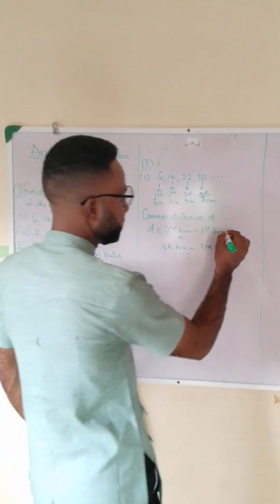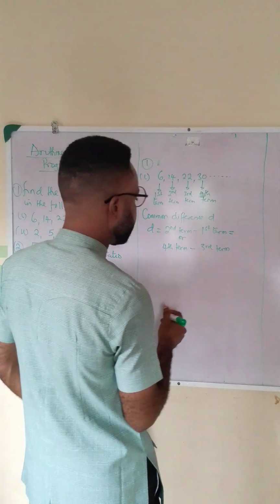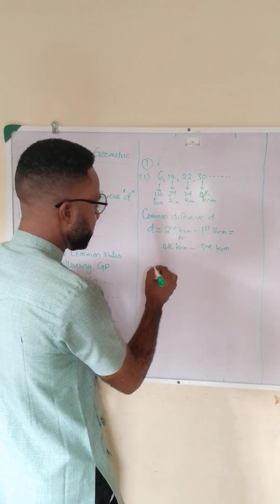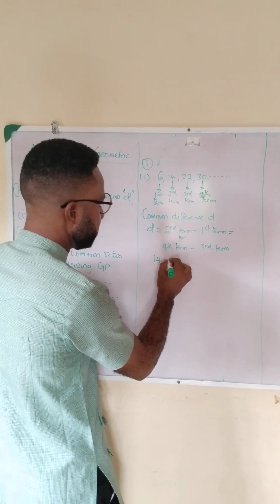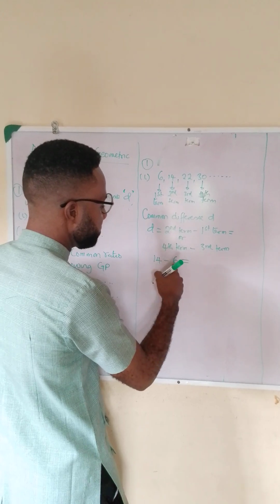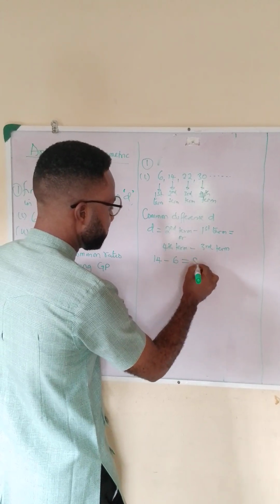In this first one, if we consider second term minus first term, the second term is 14 and the first term is 6. So our common difference will be 14 minus 6, which gives us 8.